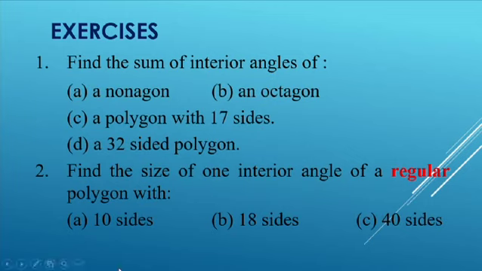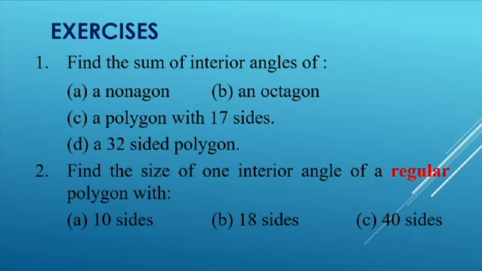Now, these are a few exercises for you to practice. Question 1. Find the sum of interior angles of a nonagon, an octagon, a polygon with 17 sides, and a 32-sided polygon. Question 2.